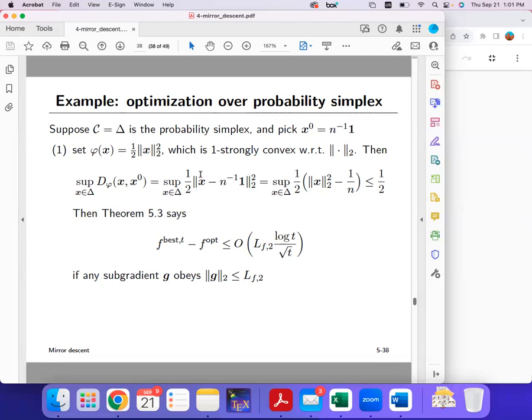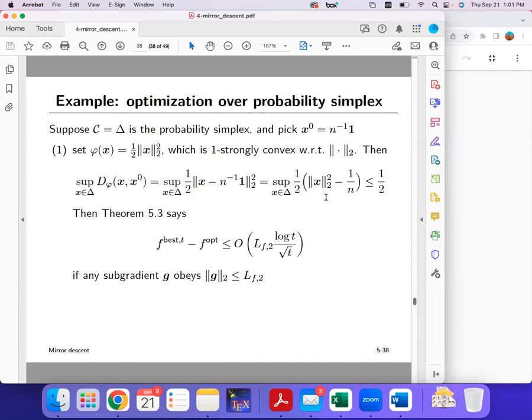And here we are looking at the x in the simplex set that has the largest distance, so it's the supremum over x. And you can check that this equals this one.